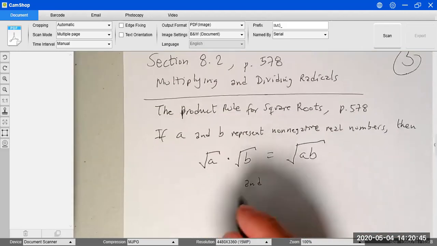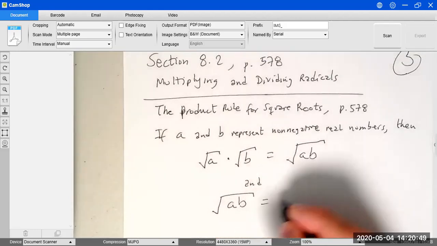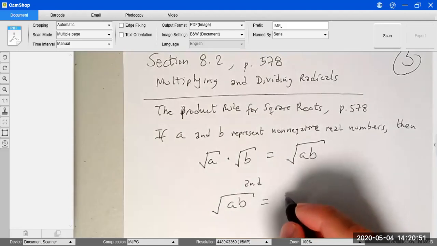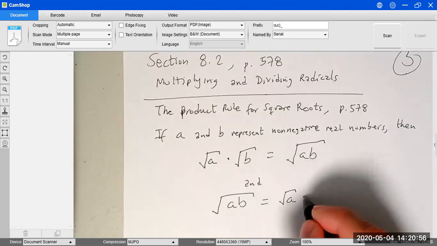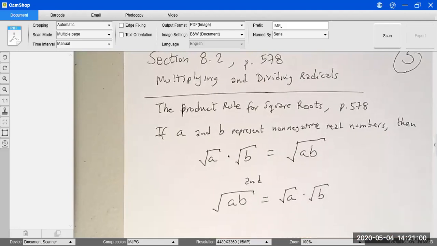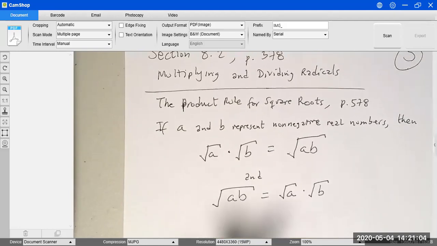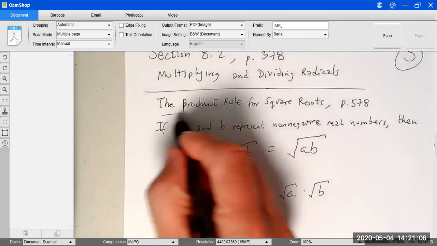the opposite is going to be true. If you have the square root of A times B, we're going to be able to break the radical in two pieces. One is going to be with A, and the other radical is going to be with B as its radical. So this is a very important rule, the product rule for square roots.